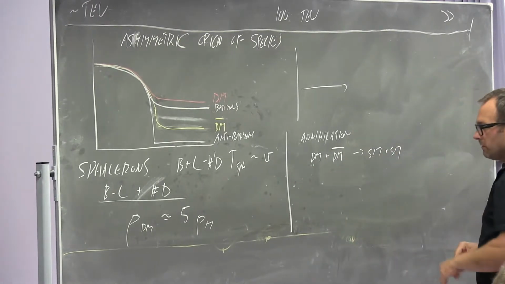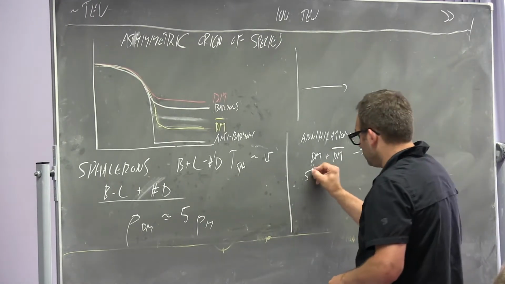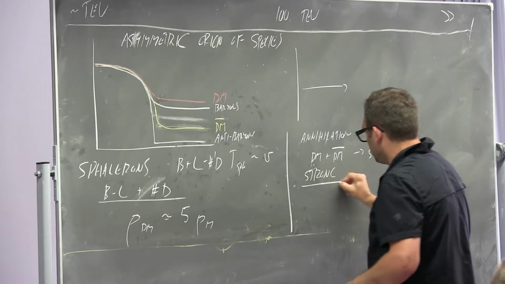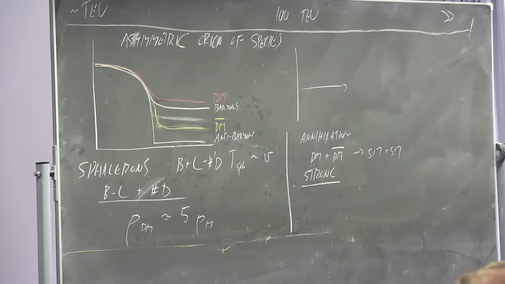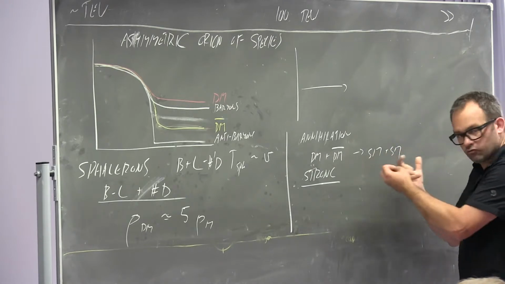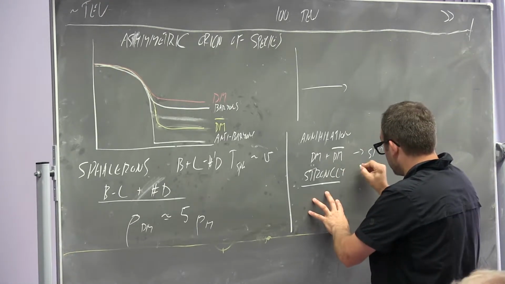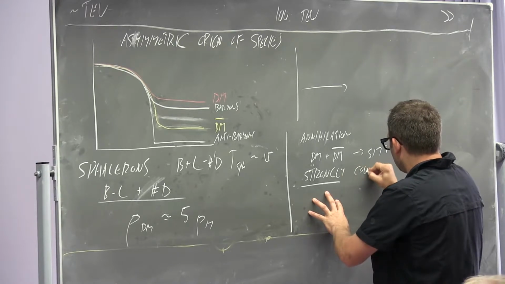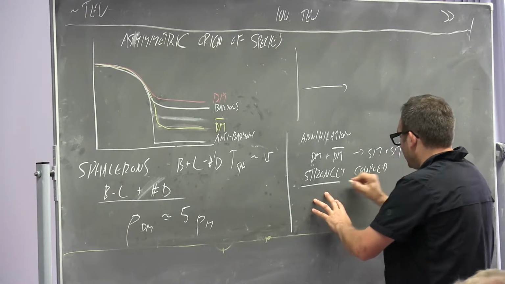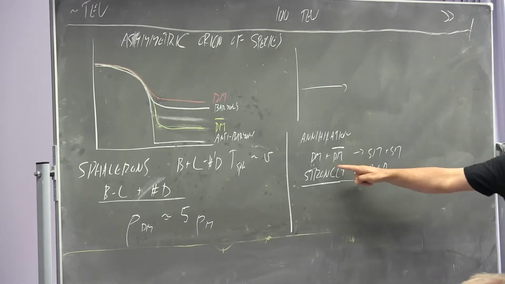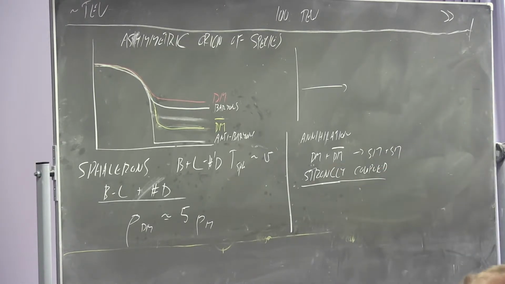Say, this had better be strong. Right? It had better be a large rate, potentially strongly coupled. And by this, I don't mean strongly coupled to the standard model per se, but I mean that the dark matter needs to find itself easily and then annihilate into stuff.